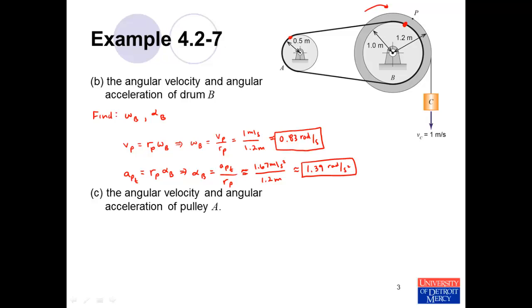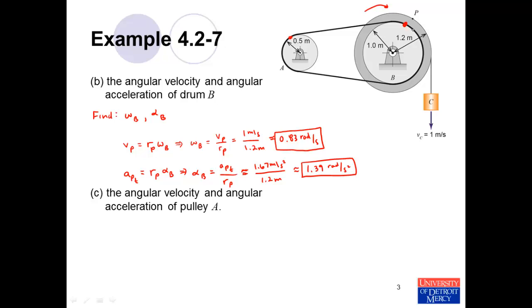For example, whatever distance this particle moves in a given amount of time is going to be equal to the distance that all other points travel in that time, including a point on the perimeter of pulley A. Since they cover the same distance in the same amount of time, they'll have the same velocities.